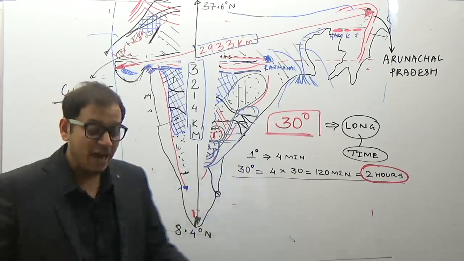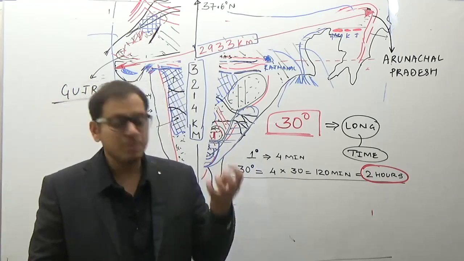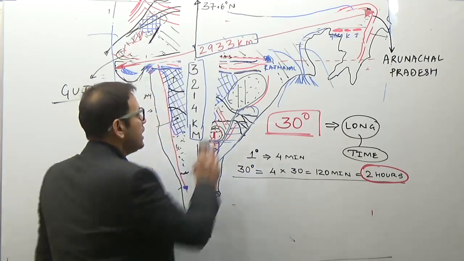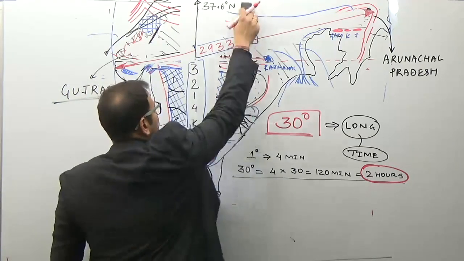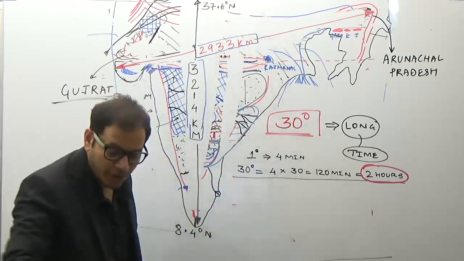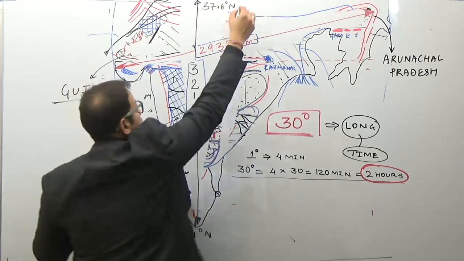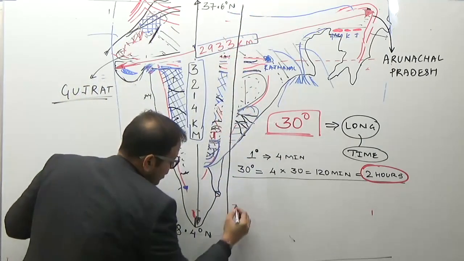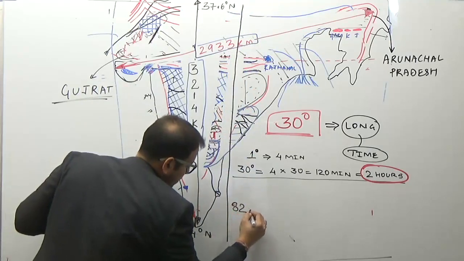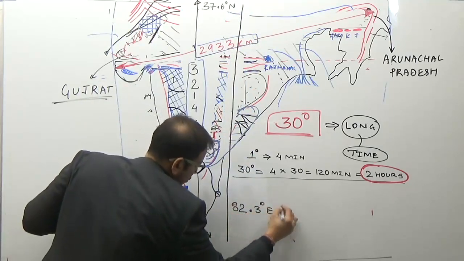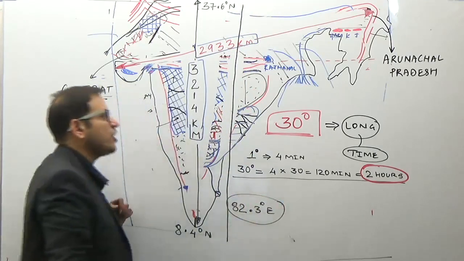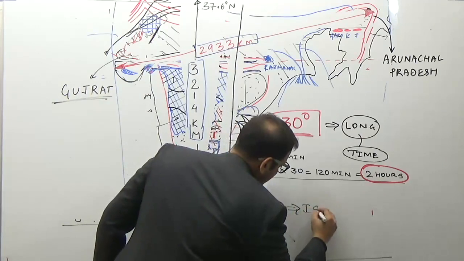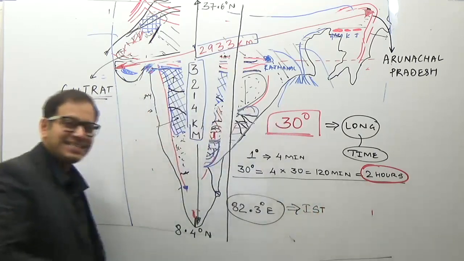Because India being one country, there has to be political unity, mental unity, and therefore we have fixed one longitude, 82.5 degree east longitude, through which we determine the Indian Standard Time, IST.